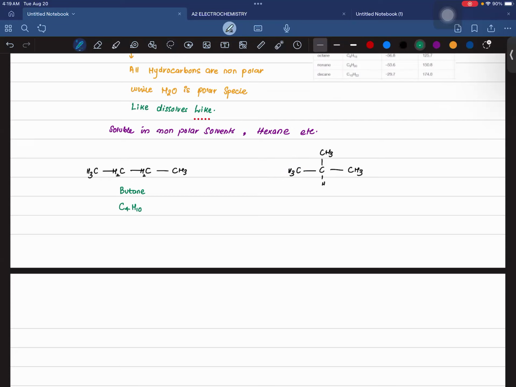What's the name of this? Okay, so this has 3 carbons, and when you write H3 next to it, it means that carbon has 3 hydrogens, right?